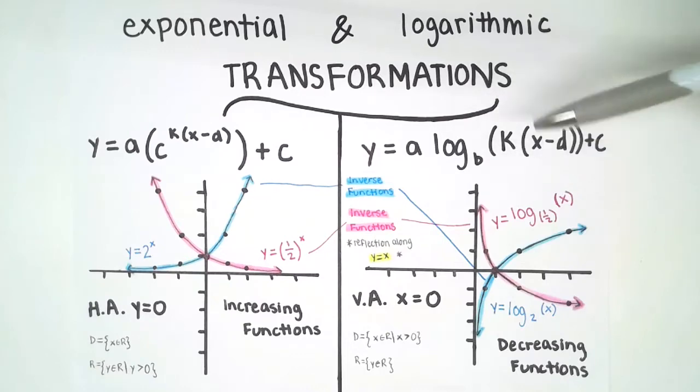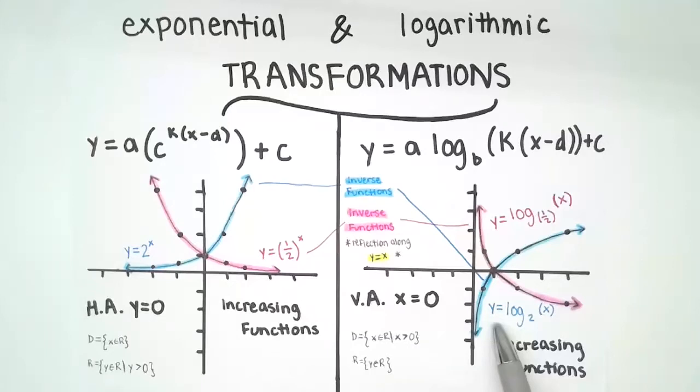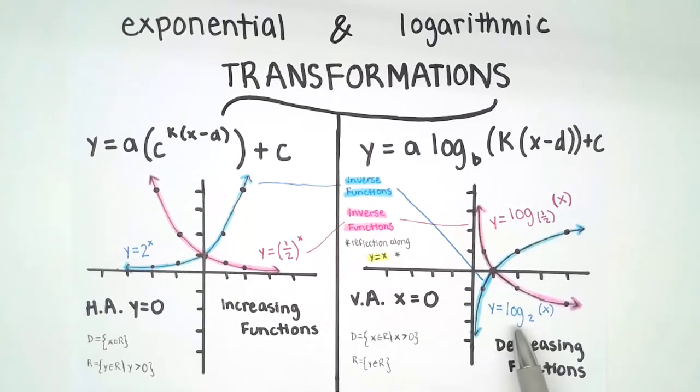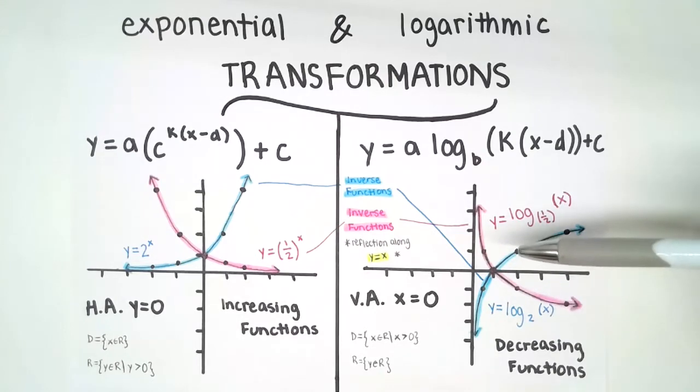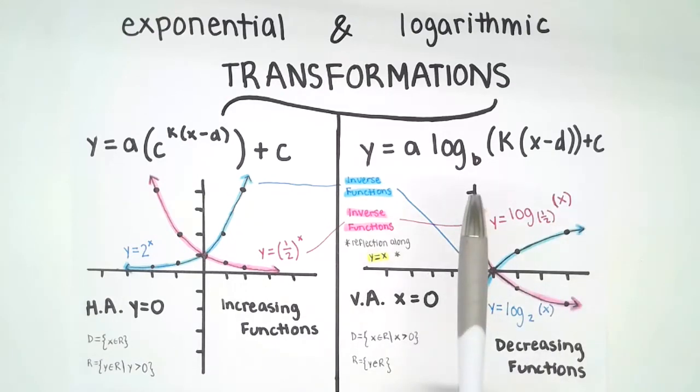So as you can see, this blue graph with log, which is log base 2 of x, is just, again, a parent graph. All of the ones here are parent graphs. And instead of having a horizontal asymptote, like the exponential function, both of these graphs have a vertical asymptote.